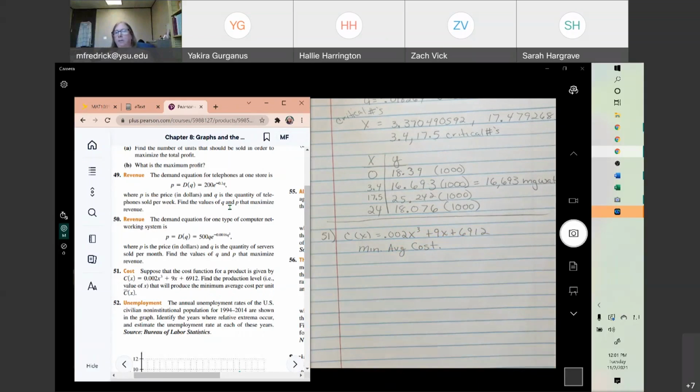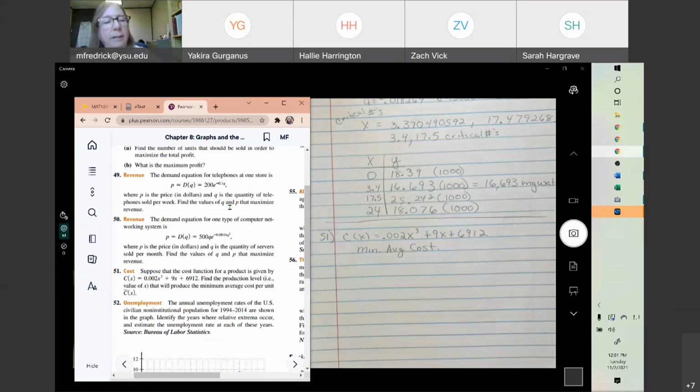So minimum average cost, which means we have to find average cost, because if we find the minimum of this, it's total cost. Average cost, remember, that's when we divide by x. And they even give you a hint. They show you the C with the line over it.